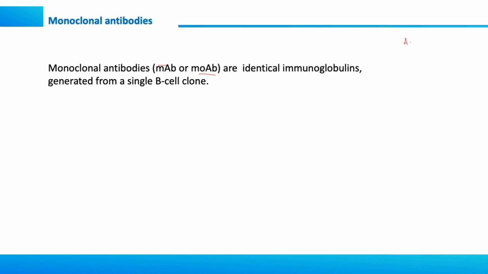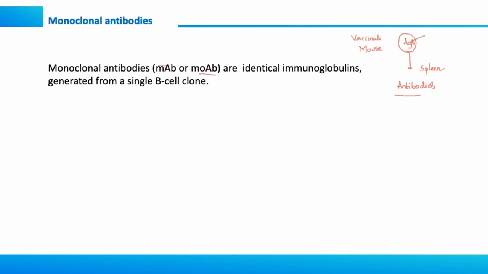Whenever there is an antigenic exposure, let us say we are vaccinating a mouse and we are injecting an antigen, the lymphoreticular system releases antibodies, right? Let's take an example of the spleen. So it releases antibodies.